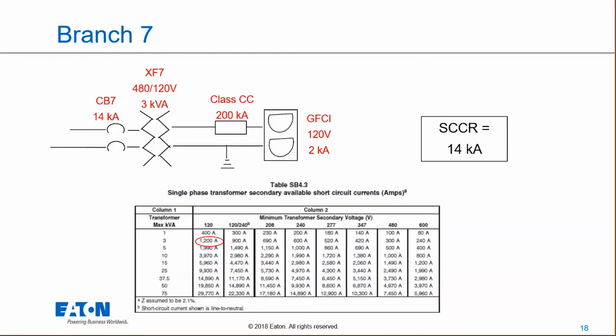It's 14,000 amps. The reason we can do that is if you look at the GFCI, that's a 2,000 amp rated device. What's going to get through that transformer is only 1,200 amps. The 1,200 amps is less than a 2,000 amp rated device on a GFCI. So because of that, we can then use that primary overcurrent protective device on that transformer, and that becomes our circuit SCCR, our branch SCCR in this particular case.